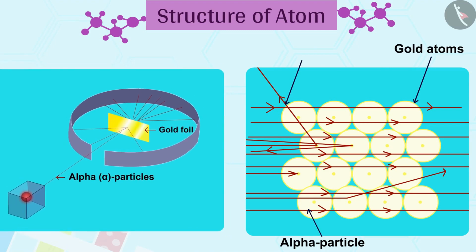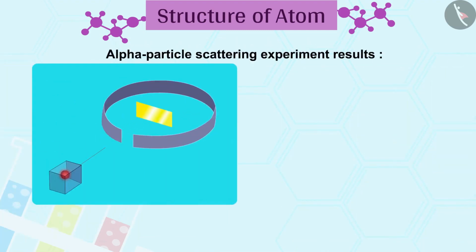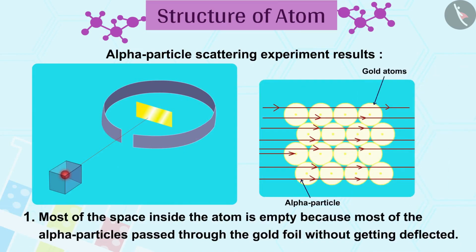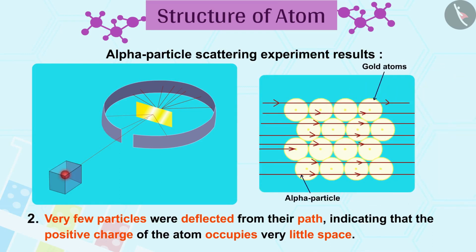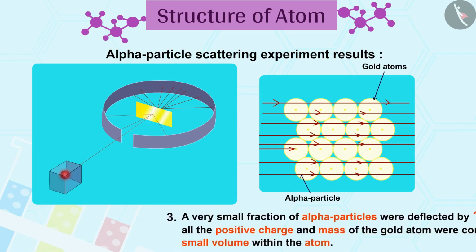Rutherford derived the following results based on the alpha particle scattering experiment. 1. Most of the space inside the atom is empty because most of the alpha particles passed through the gold foil without getting deflected. 2. Very few particles were deflected from their path, indicating that the positive charge of the atom occupies very little space. 3.